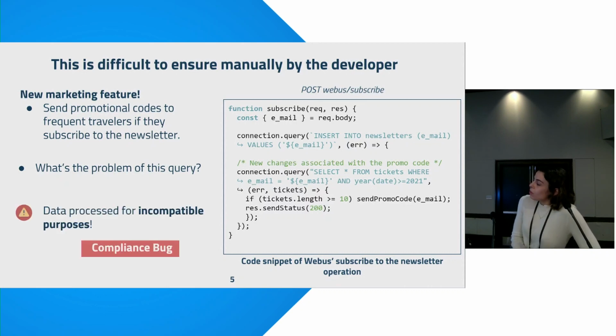The problem with this query is that this operation, subscribe to newsletter, is executed for marketing purposes and is now processing the user's ticket history, like Maria's ticket history, which was only authorized for ticket management purposes. So now we have data that is being processed for incompatible purposes, which we call a compliance bug.